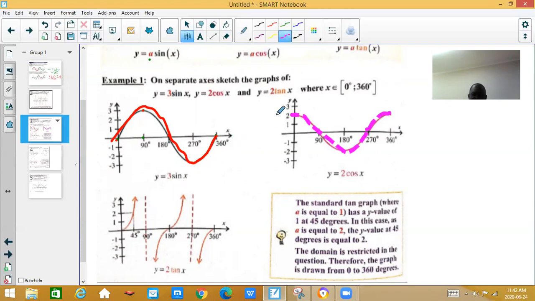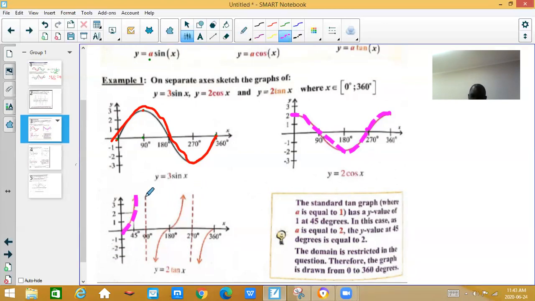So if here you have tan 90, now let us look at tan 45. On tan 45, the graph will still be the same, it will be the graph like this of tangent. Same applies to the lines of asymptotes.